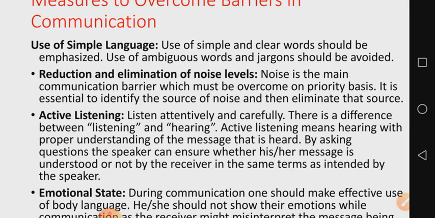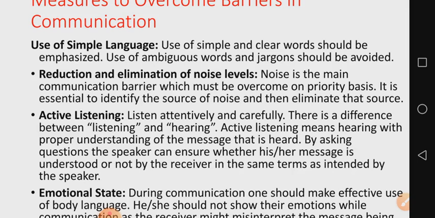So whenever someone speaks to you, face the speaker, look into the eyes, make eye contact, and try to observe what the speaker is trying to say, verbally and non-verbally. Because sometimes in communication, the speaker may say something, but he or she meant something different.